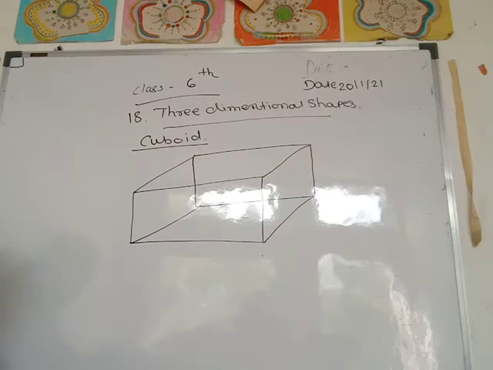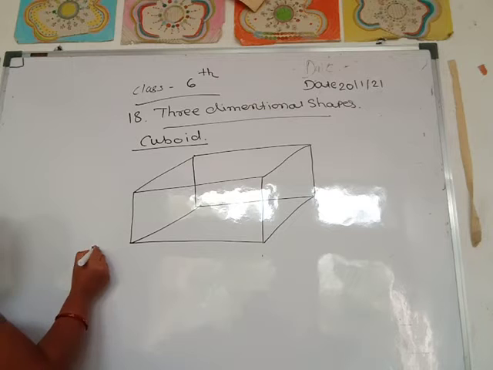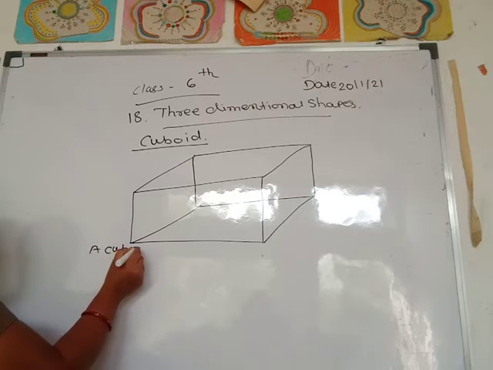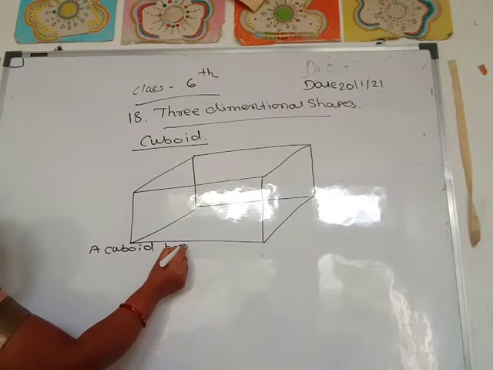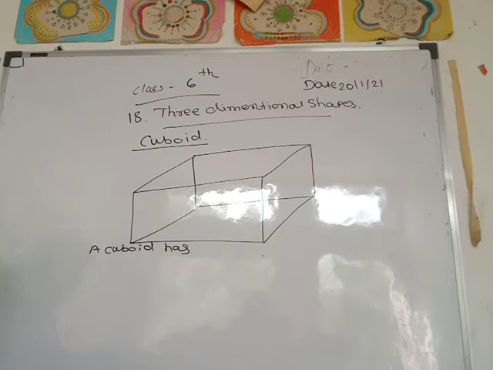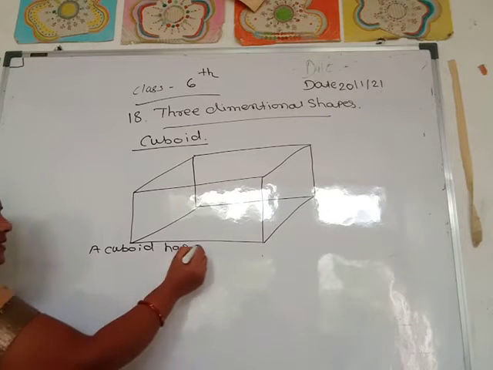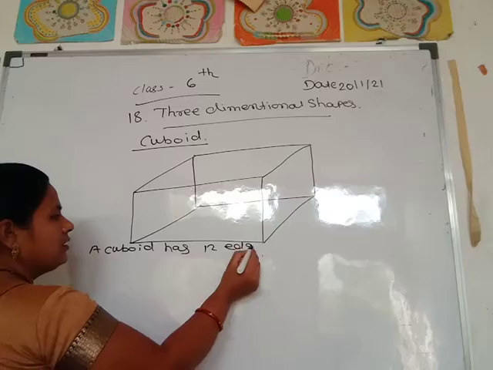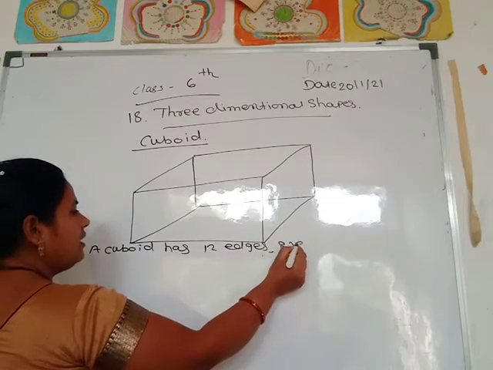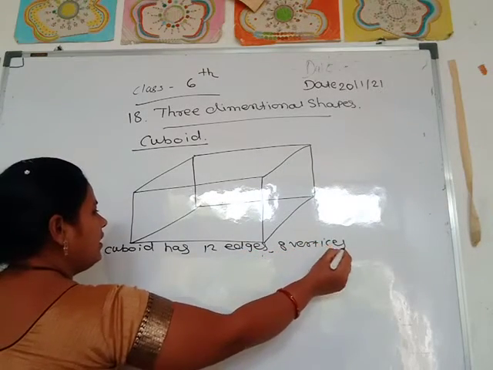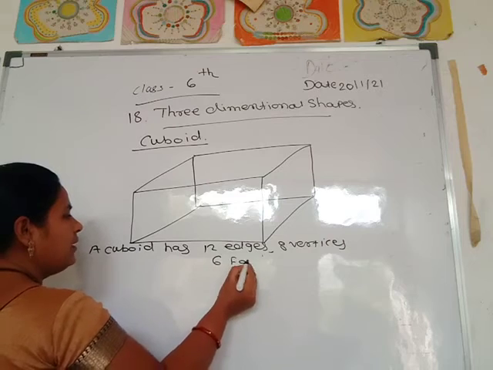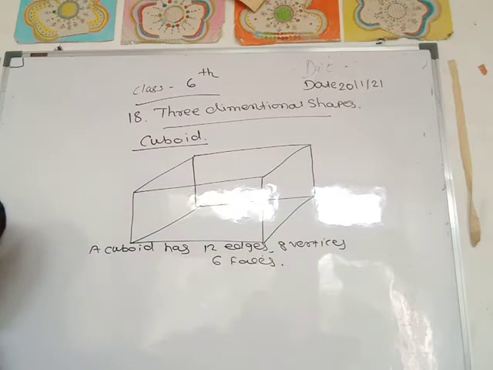A cuboid has 12 edges, 8 vertices and 6 faces. How many faces? 6 faces.